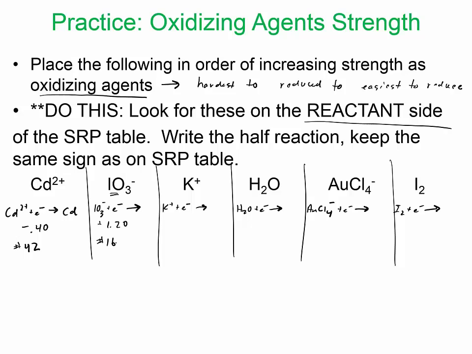K+ is down at the bottom, reaction number 56, and this one is negative 2.92.